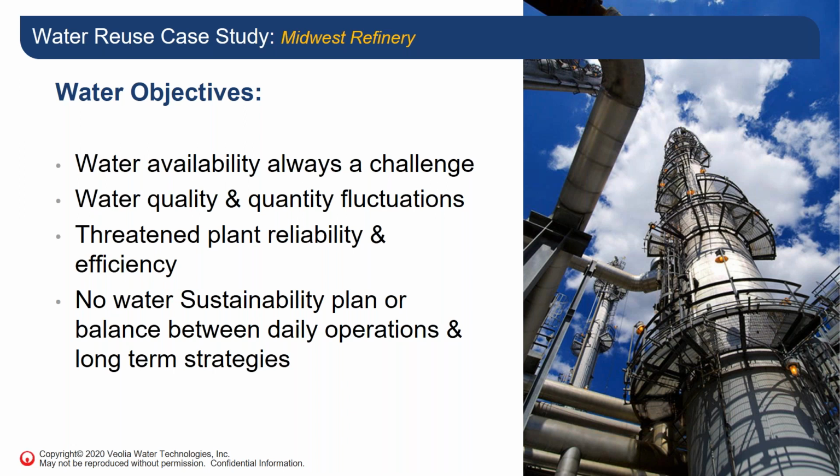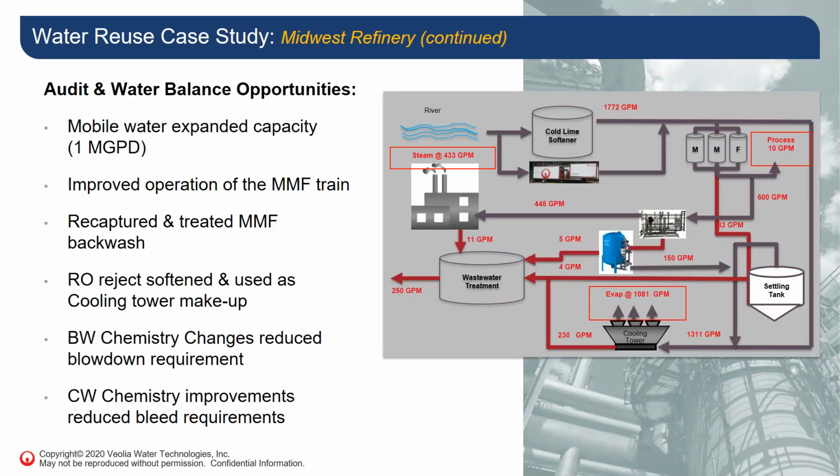There was no real water sustainability plan, and trying to balance between the daily operation of the plant and longer term goals and aspirations of the plant were very difficult. So we were brought in to study the water balance and come up with a plan.